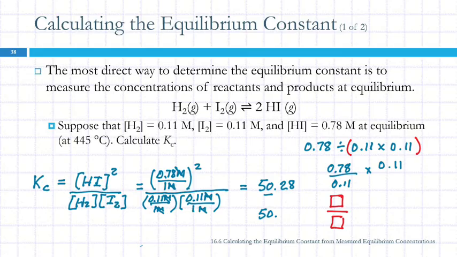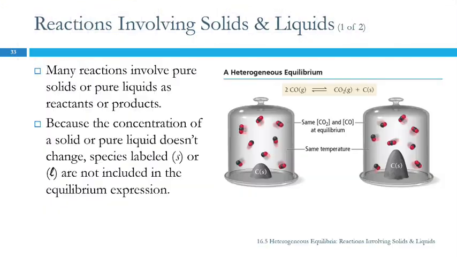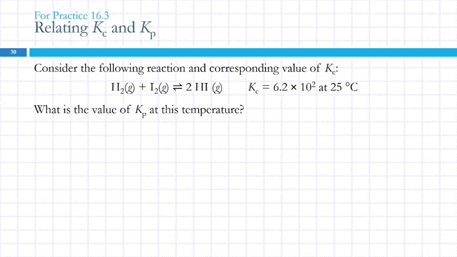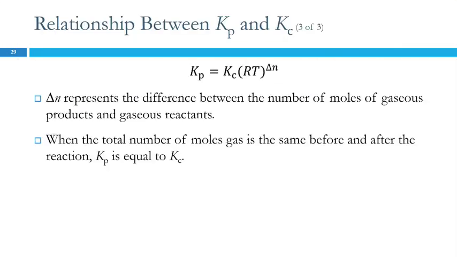But sometimes it might give you pressures and ask you for Kc. So what do you do? You use a little equation with the RT to the delta n. Remember that guy? Kp is equal to Kc times RT to the delta n.